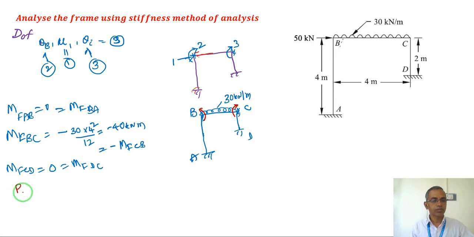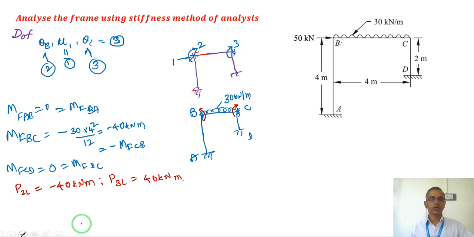So P2L is equal to minus 40 kilonewton meter, and P3L is equal to 40 kilonewton meter. These are the fixed-end moments due to the external load after the joints are restrained.